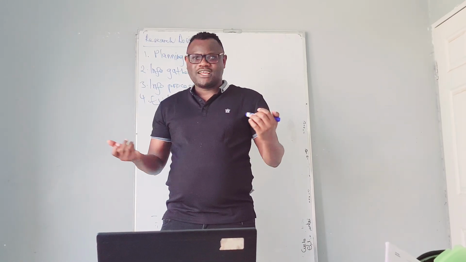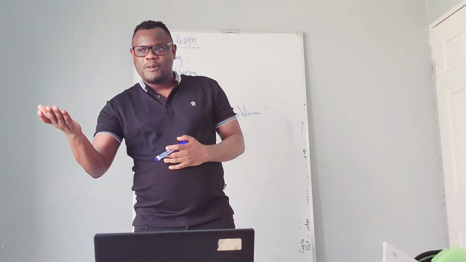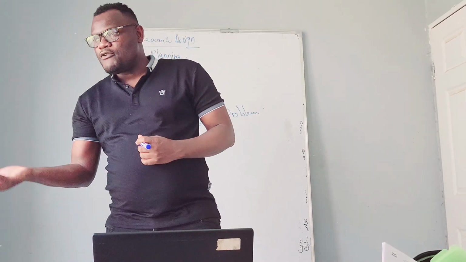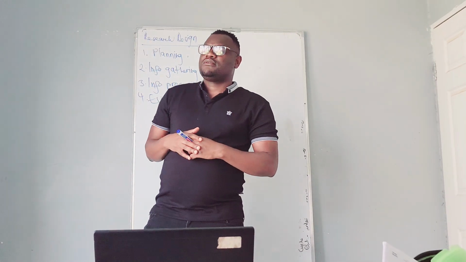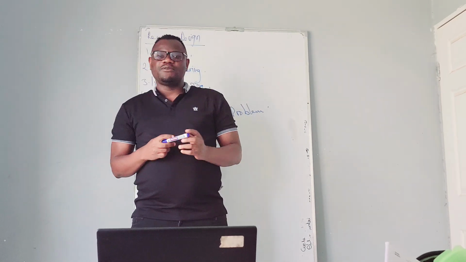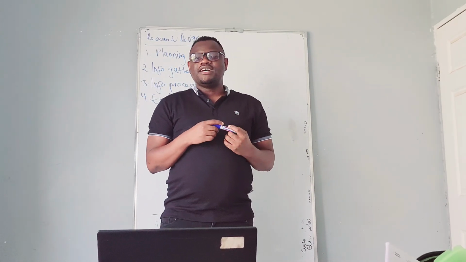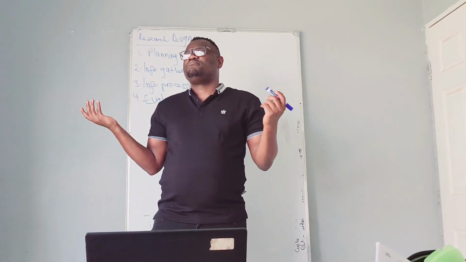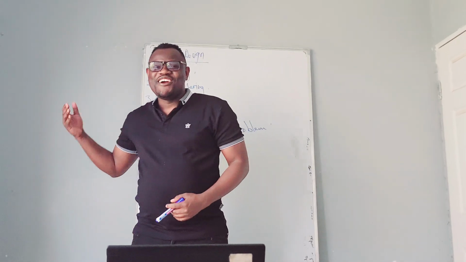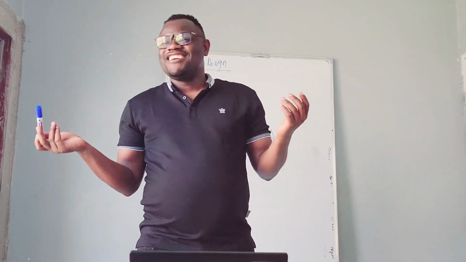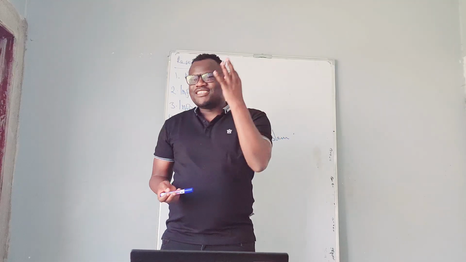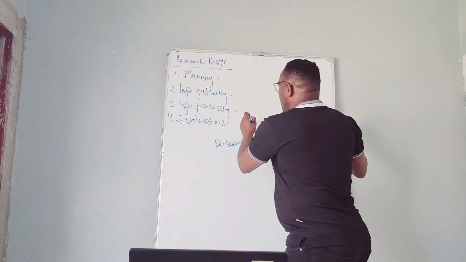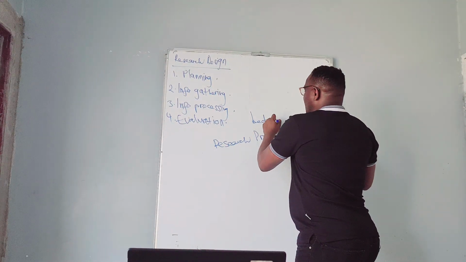For example, what are the sociological problems that we can talk of? Poverty, suicide, murder, prostitution, drug abuse. Those are the problems that are bedeviling the society.